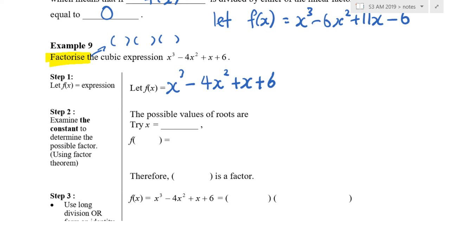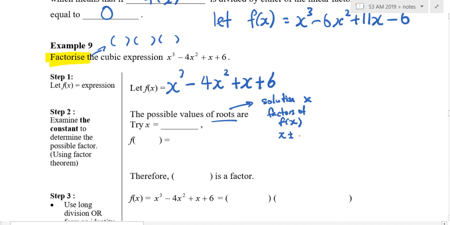Then, over here, the possible value of roots. The roots here mean the solution of x, which means the factors of f(x), meaning x plus or minus something.